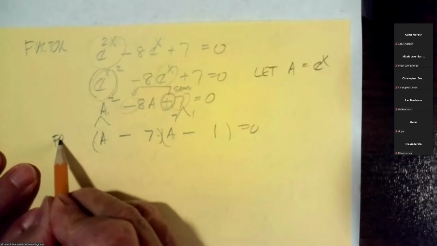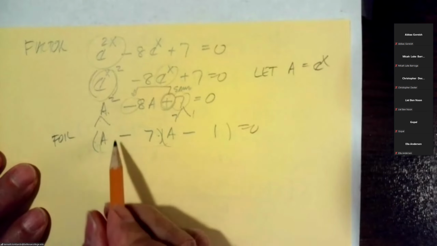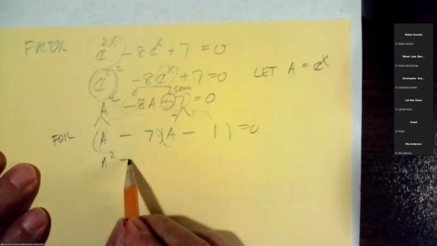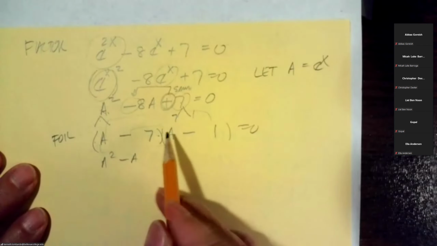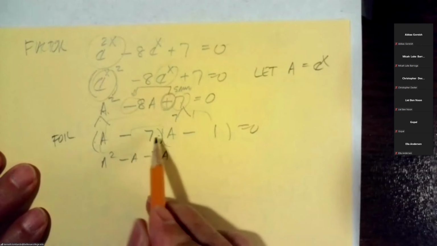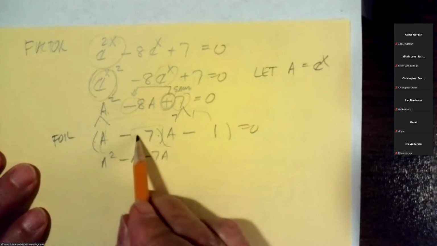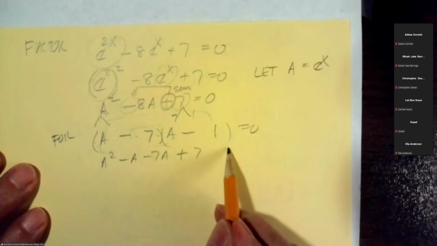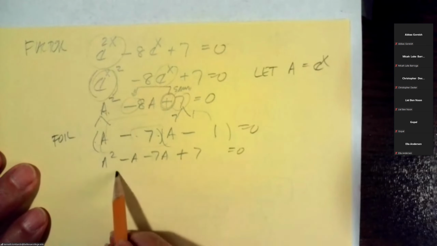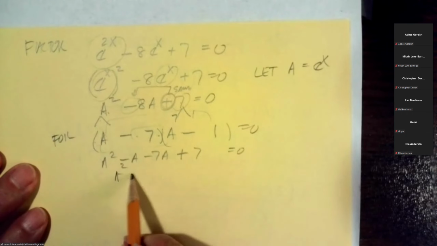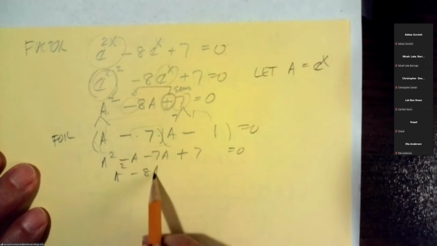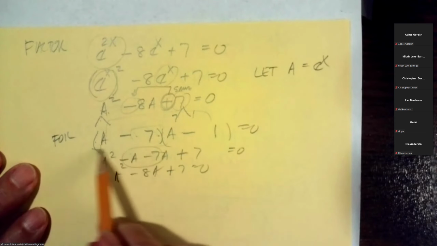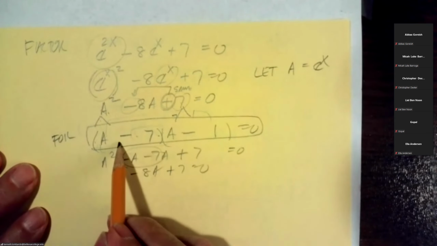And then if I FOIL it to make sure it's working, first times first is a squared. Outer is negative a. Inner is negative 7a. And last is negative times negative, a positive 7, equals 0. So a squared minus 8a, combining these two, plus 7 equals 0. That looks like it works, so this is the factored form.